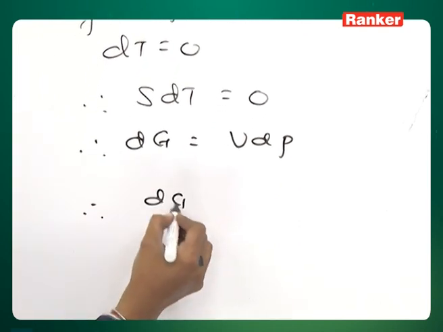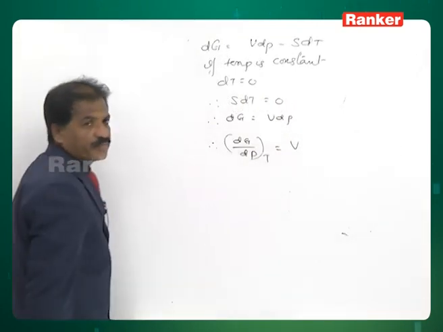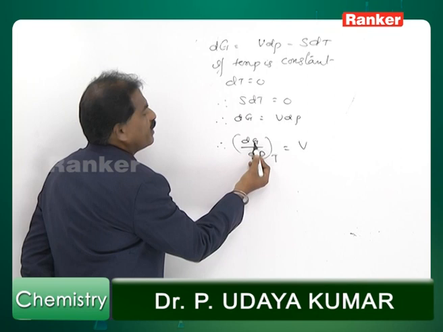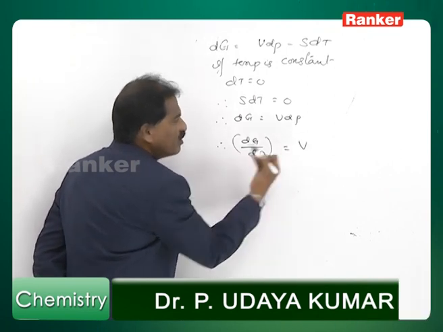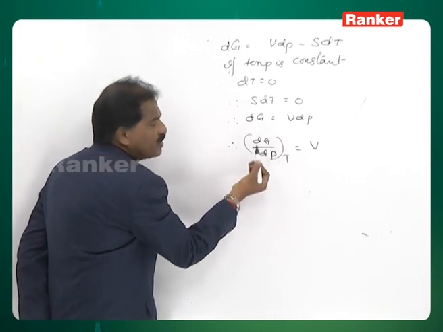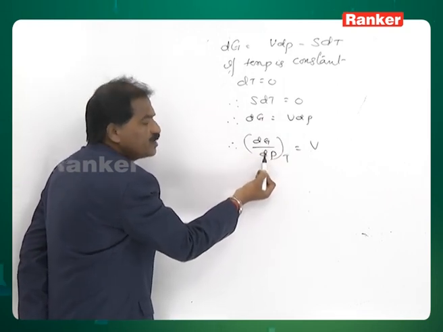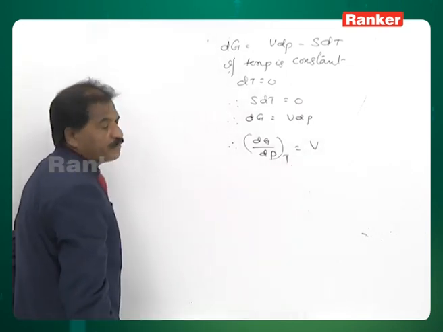Therefore, dG by dP at constant temperature is equal to V. That means, finally this expression has become equal to V. Therefore, we can define the volume of the ideal gas in terms of the thermodynamic functions: the change in free energy with respect to change in pressure at constant temperature is equal to V.